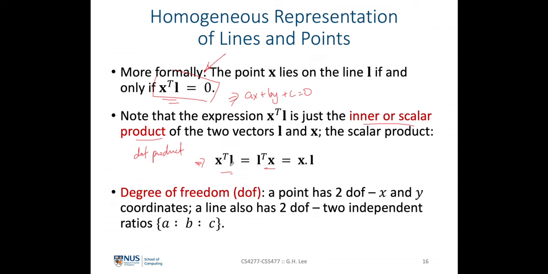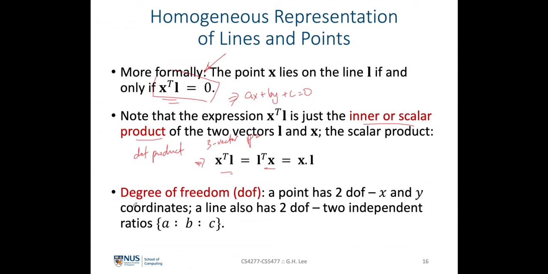And we shall see later that because of this swapping, we can use the same representation with the 3-vector for a point and a line in the 2D projective space. Hence, we can see that the role of the point and a line can be interchanged, which we'll look at in more detail when we talk about the duality relationship.